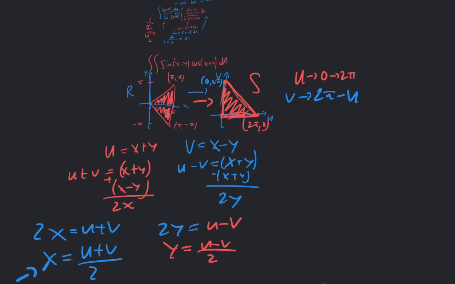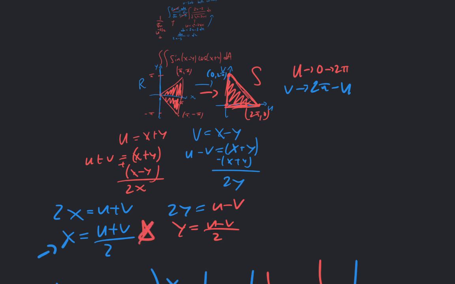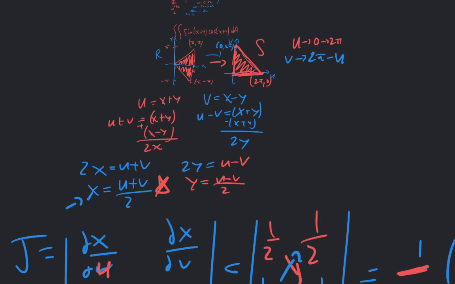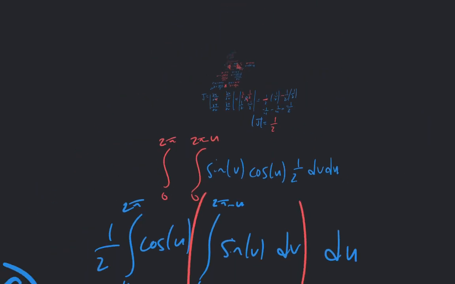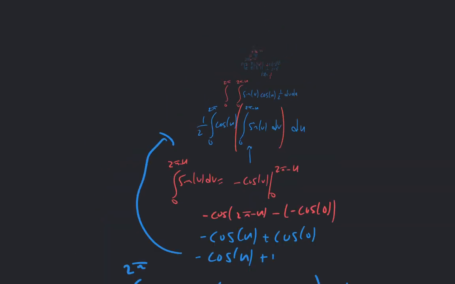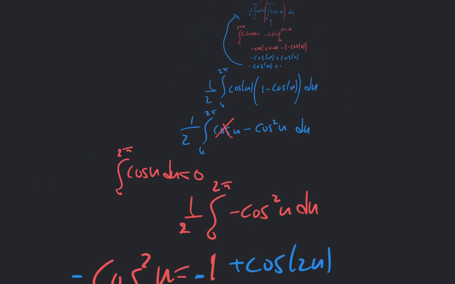We had u as a substitution, v as a substitution, and then we had x and y, and we solved them in terms of u and v. We found our Jacobian, and then we did our integral, and when it was all said and done, we ended up with, that's a really ugly pi, minus pi halves.